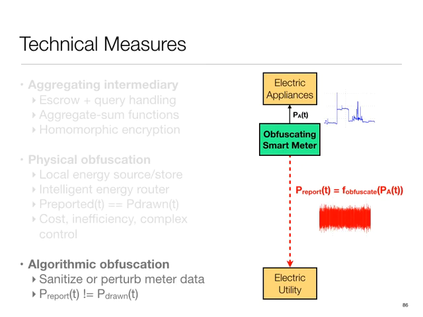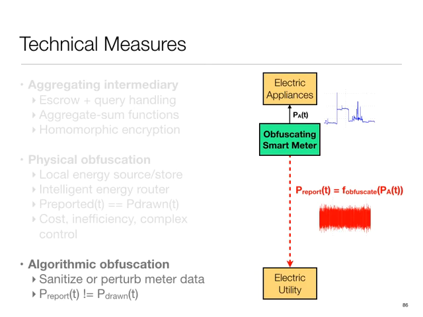So it goes back to what I presented earlier, that there is a set of functions over this power consumption which I want the utility to be able to compute, like how much energy I consumed in the month, or how much power was used in some small time window, or to help them compute the grid state, for example. But I generally want to hide my activity.